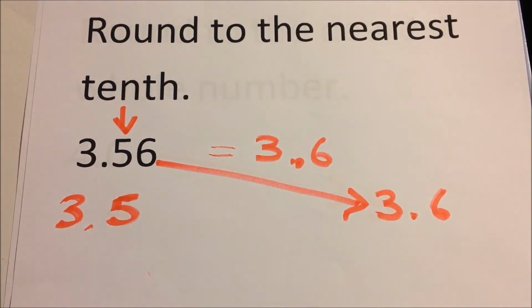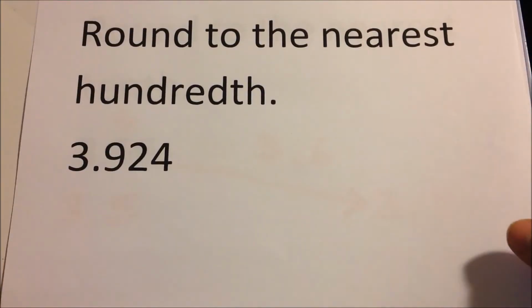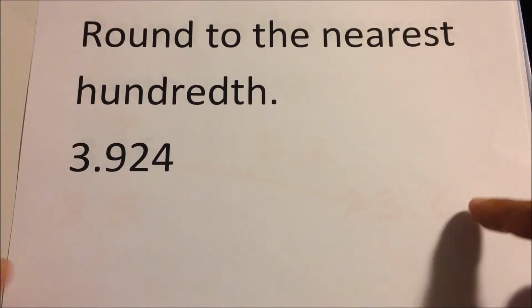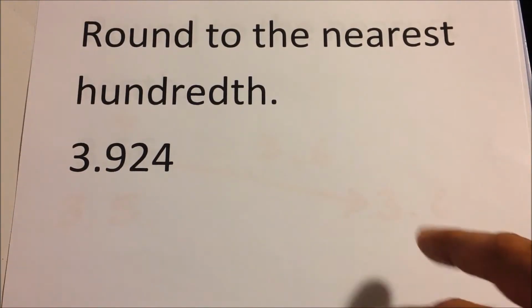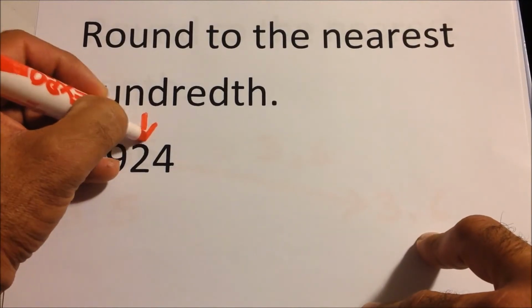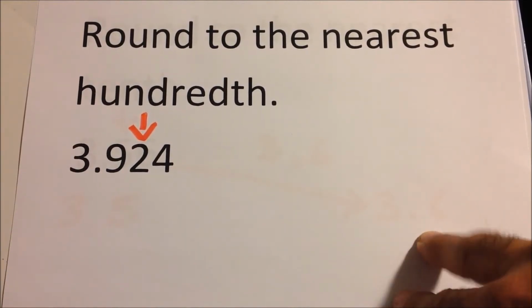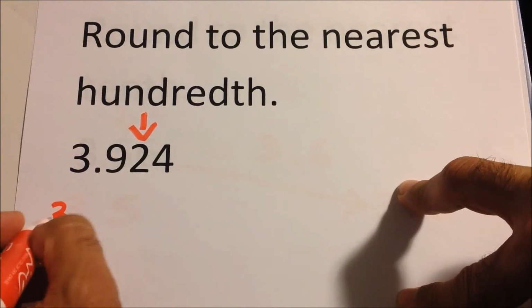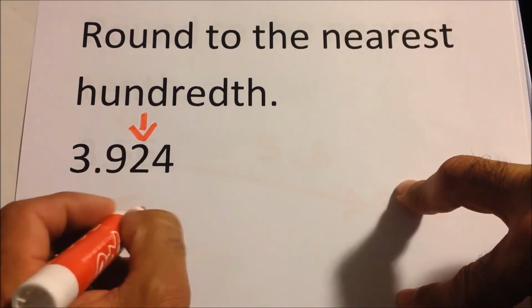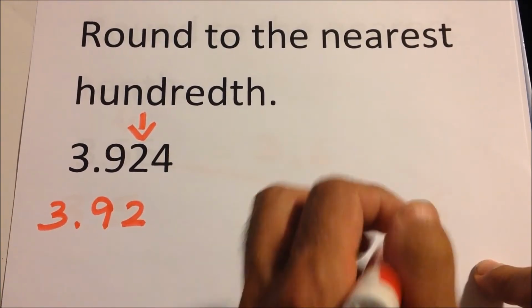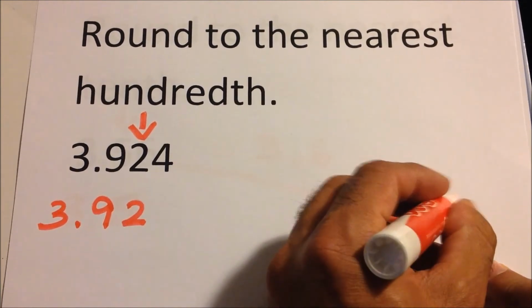Let's do one now to the nearest hundredth. So again, the first thing you do is find, what are we trying to round to? Find that first. The hundredth. There it is. So now we're going to say it's in between 3.92, or it could be 3.93.